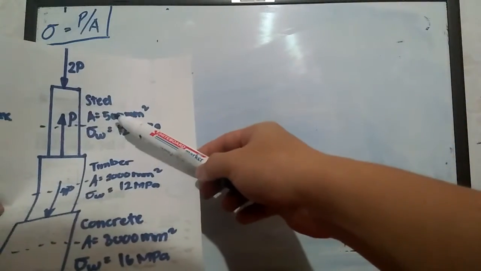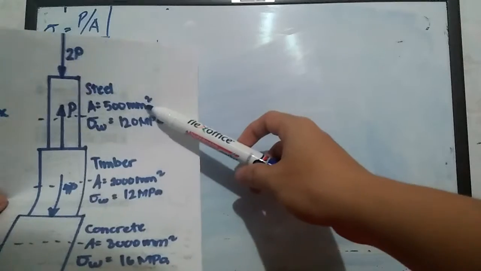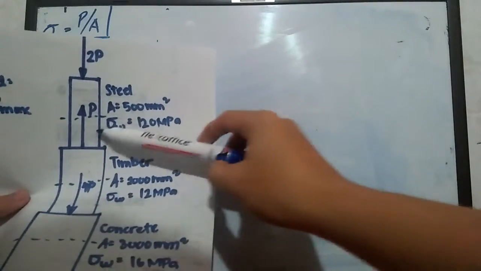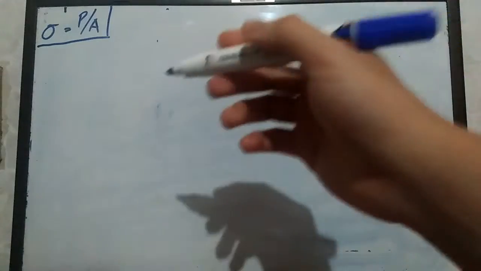For the steel, the cross-sectional area is 500 square millimeters and the allowable maximum stress is 120 megapascals. So let's use the working formula.